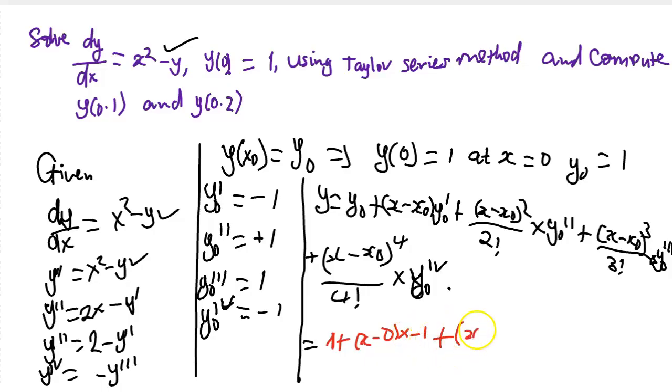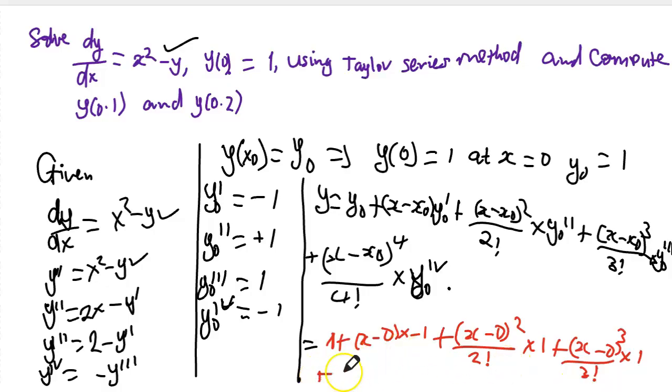Plus we have x minus 0 again, squared, divided by 2 factorial, times our y naught double prime. Y naught double prime is +1, so multiply this by 1. Plus we will have x minus 0 cubed, divided by 3 factorial, multiplied by our y naught triple prime, which is 1, so multiply this by 1.